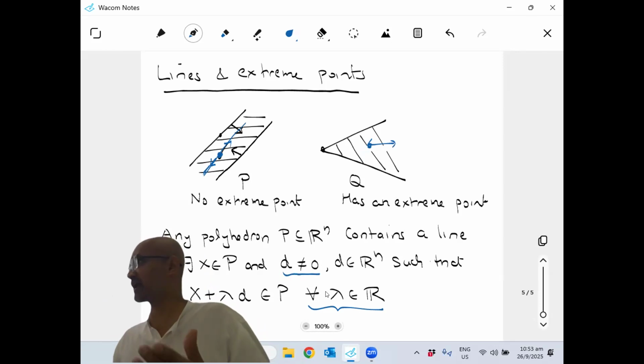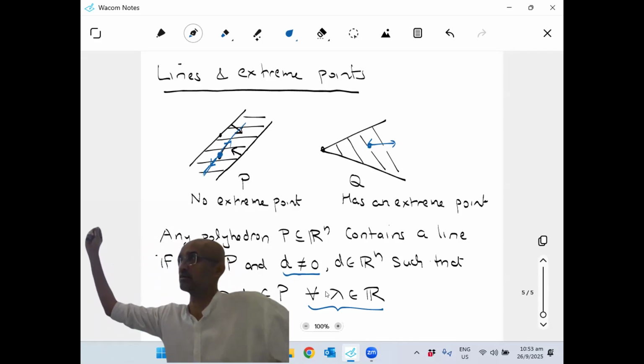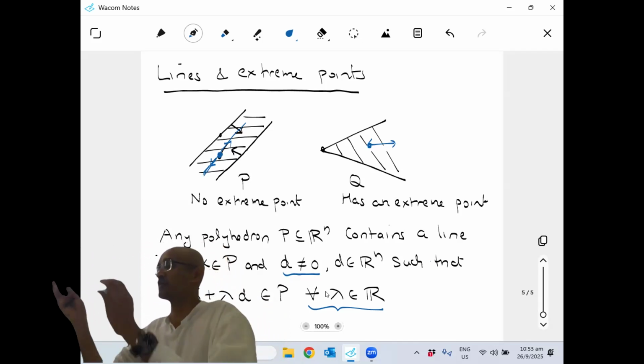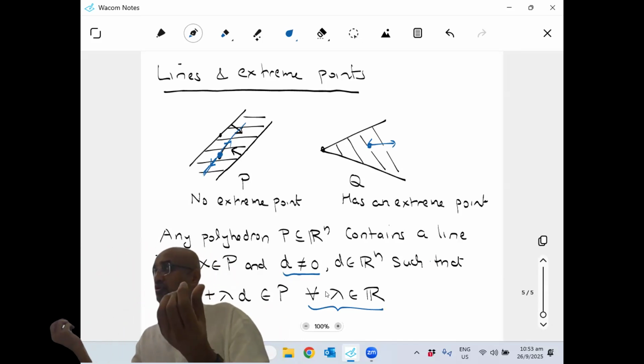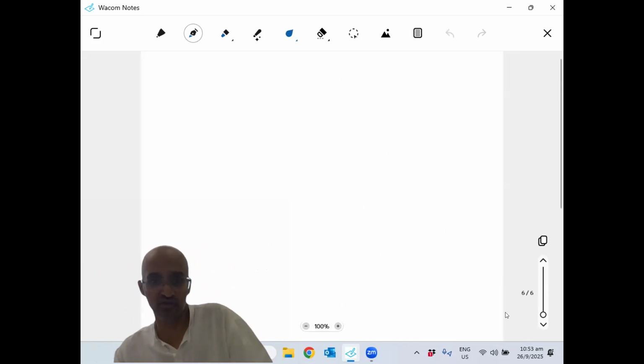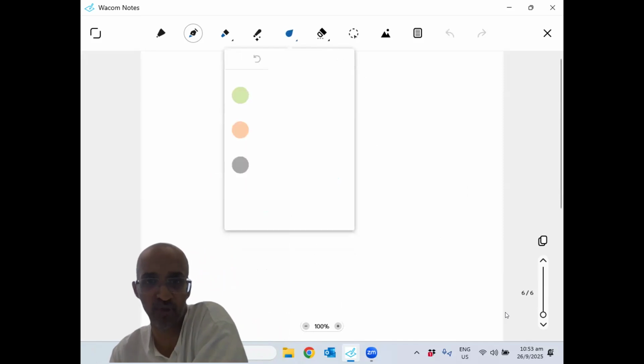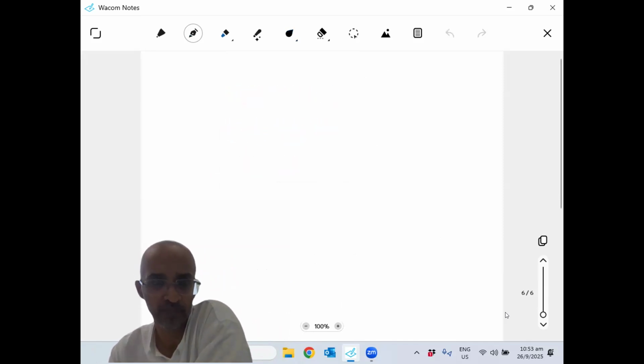So I think it's clear what a line means, and it should be clear that a polyhedron will have an extreme point if there is no line. If there is a line, this notion of a corner point will not exist. I'm not going to prove this, but it's an easy observation.